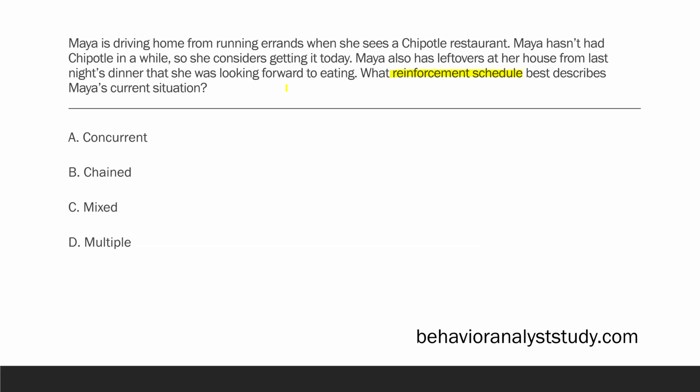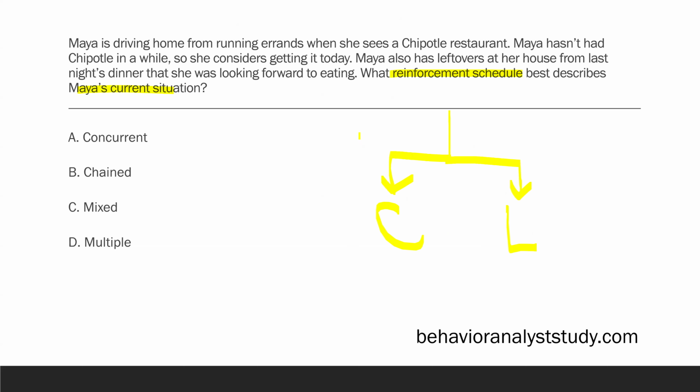Because if we think about it, we're looking at Maya and she's driving, so she's driving home. She can either go to this Chipotle that she sees, and she's going to get Chipotle on some sort of reinforcement schedule, right? Maybe it's time or whatever it may be. But she also has the choice of leftovers at her house on a separate schedule than the Chipotle.